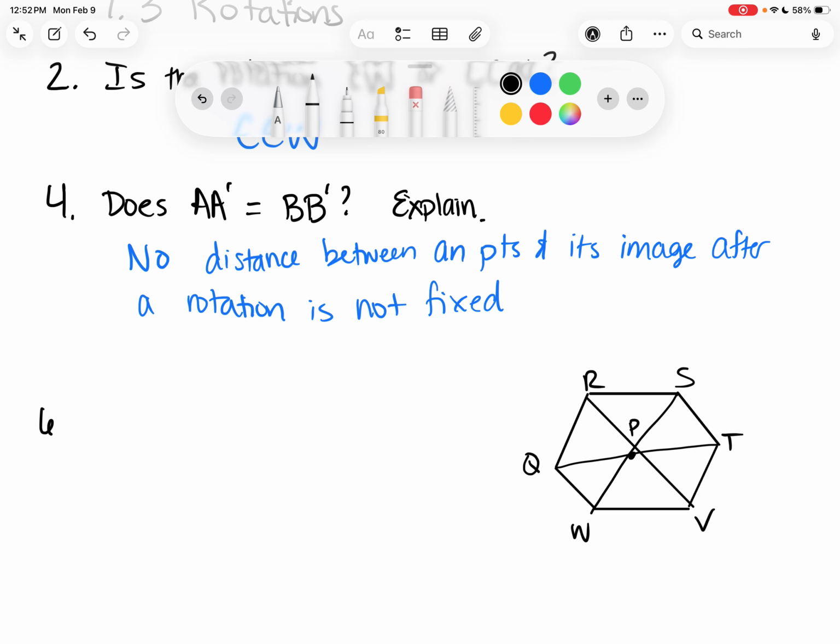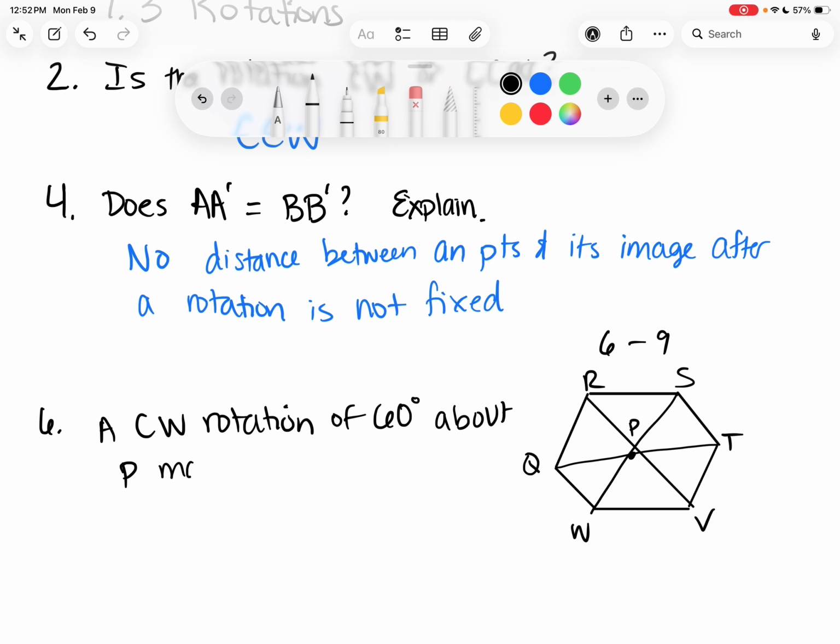So number 6, and this goes with 6 through 9. So number 6 says a clockwise rotation of 60 degrees about P maps R onto blank.